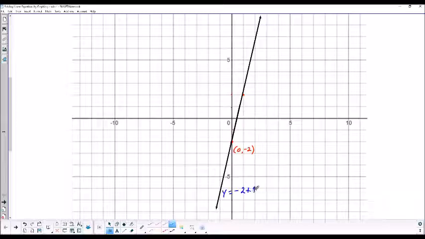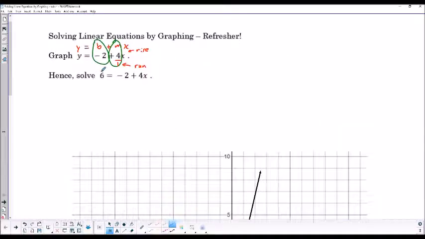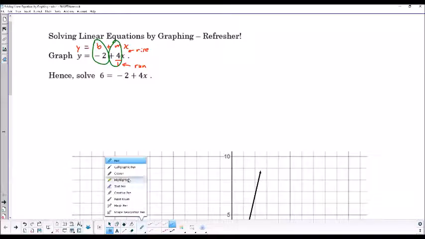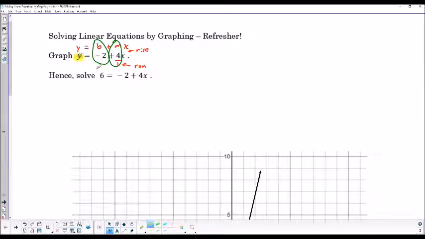That's the linear relation. Now we're going to use that to solve 6 equals -2 plus 4x. Well, if I know that y equals -2 plus 4x, and here we've got -2 plus 4x, that's the same thing. That tells me then that y equals 6.